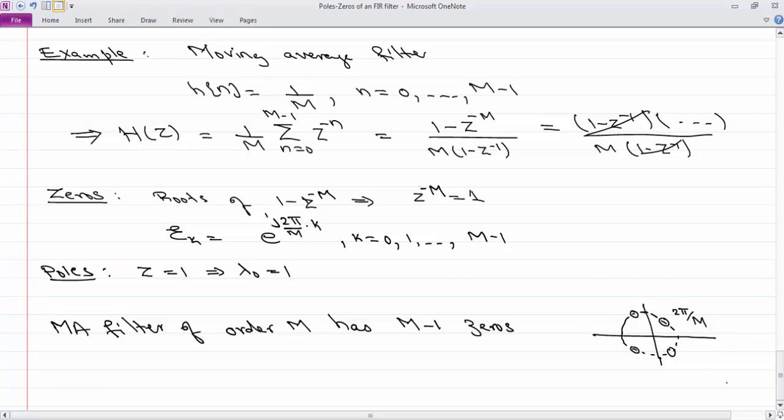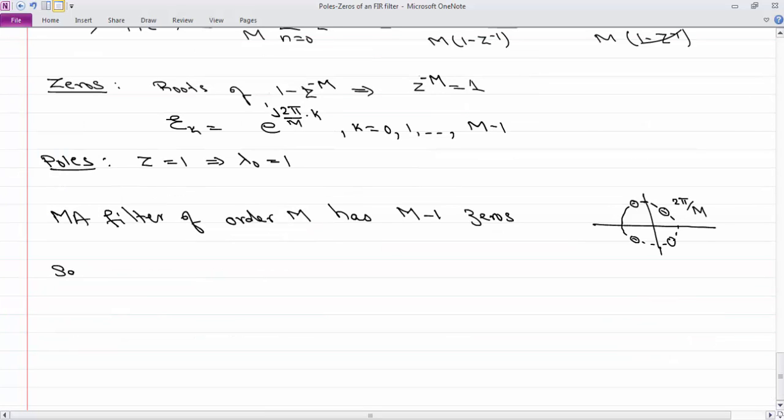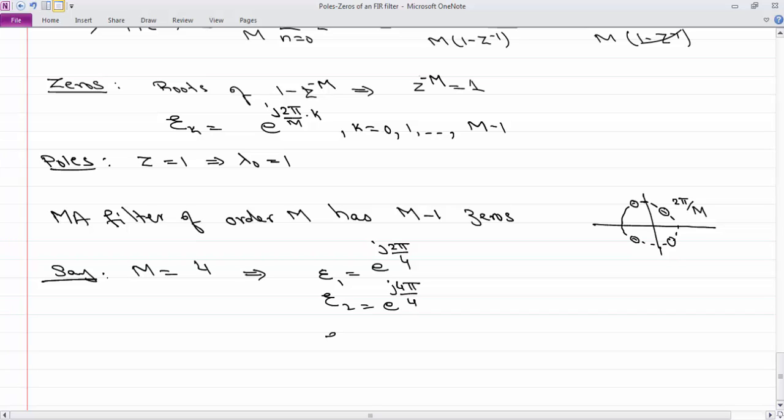Okay. So a concrete example: if you have m equal to 4, then you have zeros at e to the j 2 pi by 4, e to the j 4 pi by 4, and e to the j 6 pi by 4.